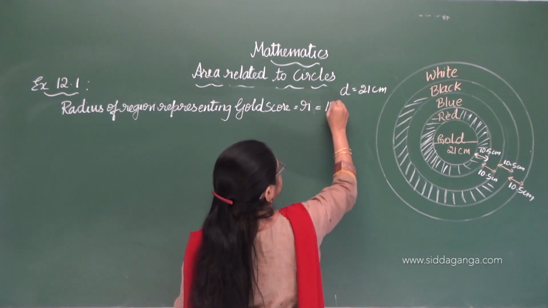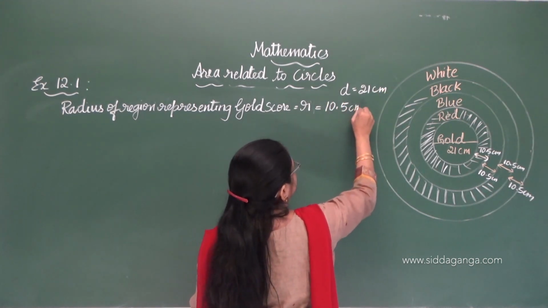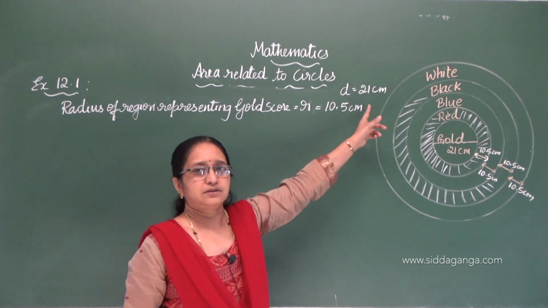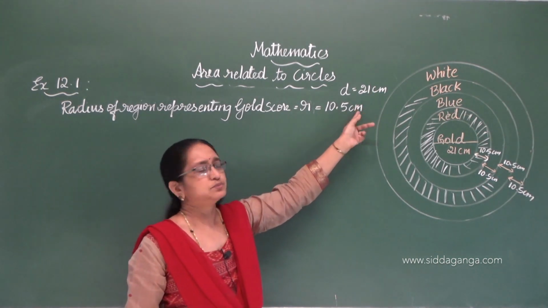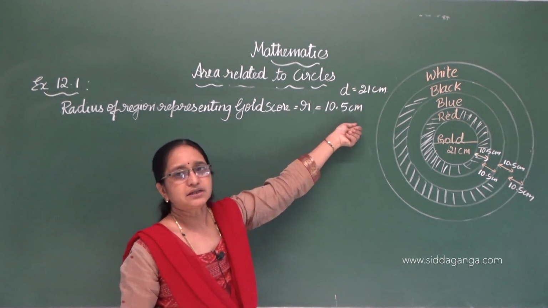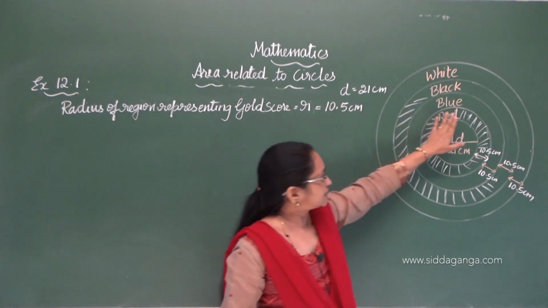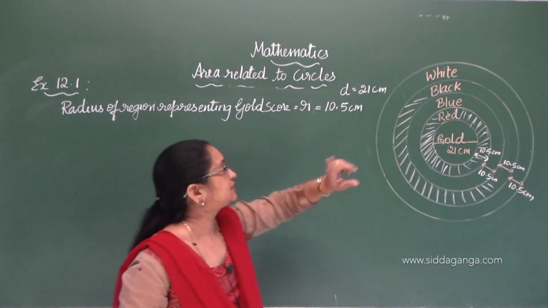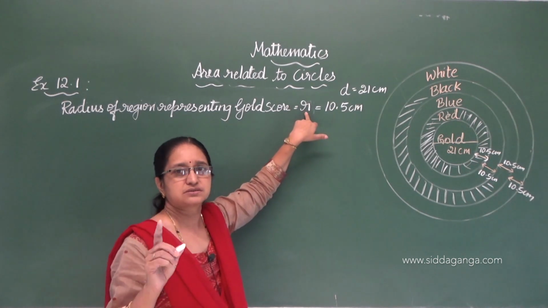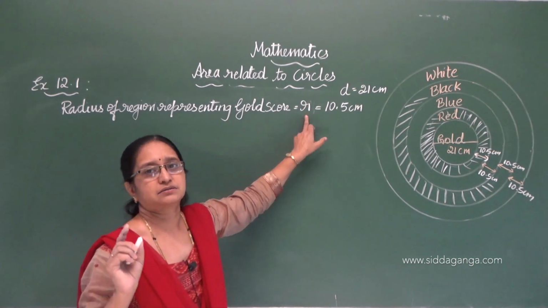So radius is 10.5 centimeter, correct? 21 divided by 2, so 10.5 centimeter, and the radius of the gold region I have taken as R. Please note this.